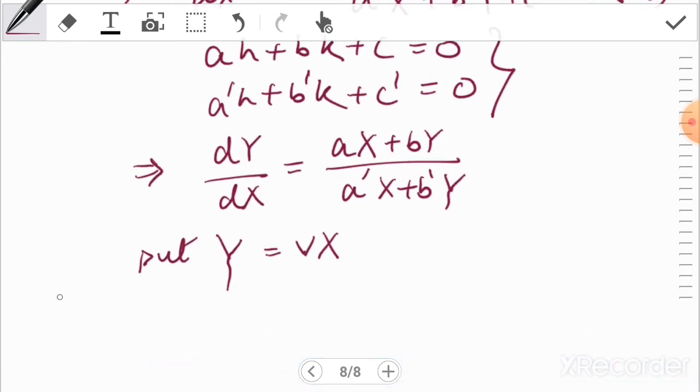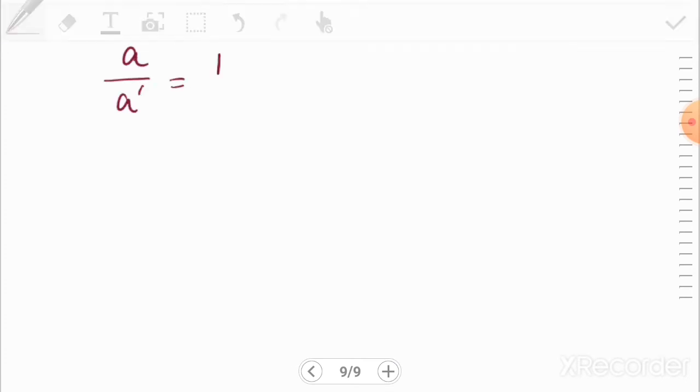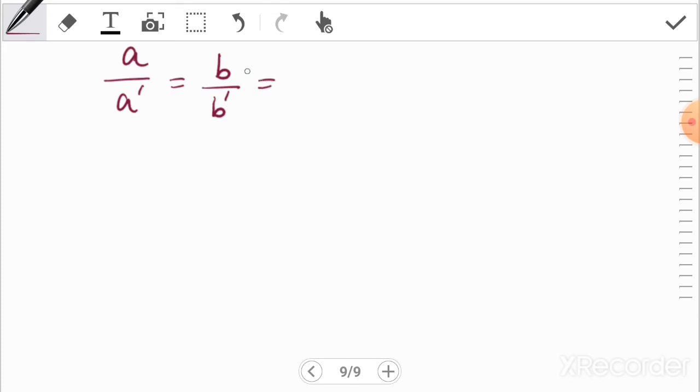Now the second case is when a by a dash is equal to b by b dash. Let us assume this is equal to 1 by m.